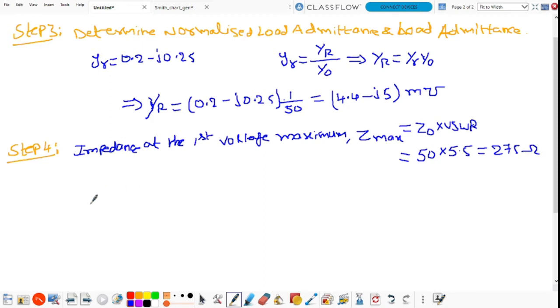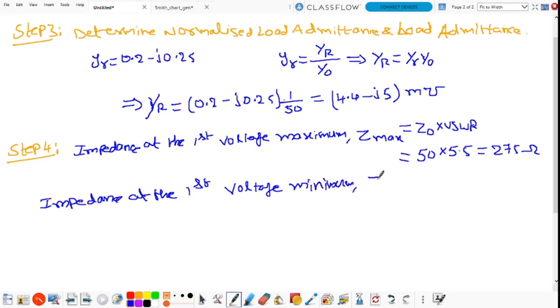And similarly, calculate the impedance at the first voltage minimum, denoted as Z min.